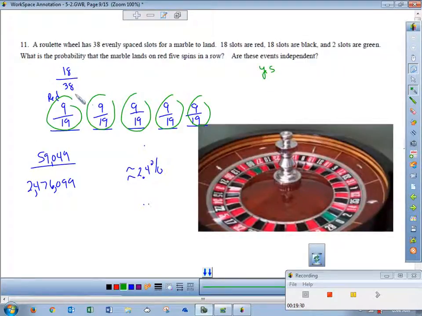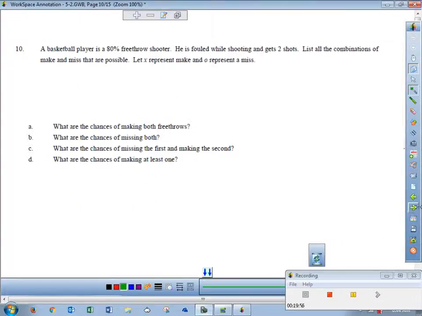Just because you roll a red on the first one has nothing to do with rolling a red on the second one. They're independent events. But man, it's funny, you go into a real casino, if you see red, red, red, red, red, people start feeling like, oh, it's got to come up black. Each individual spin has nothing to do with the previous spin of the wheel. So those are independent events.